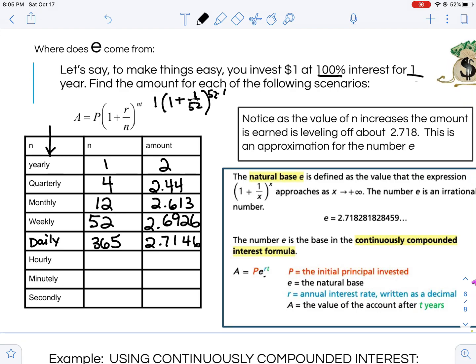If we go to hourly, we know there's 365 days a year and 24 hours in a day, so there's 8,760 hours in 1 year. If we substitute that for our n value, we're still getting around 2.71, and I'm going to go out a couple more decimal places here so we can compare.